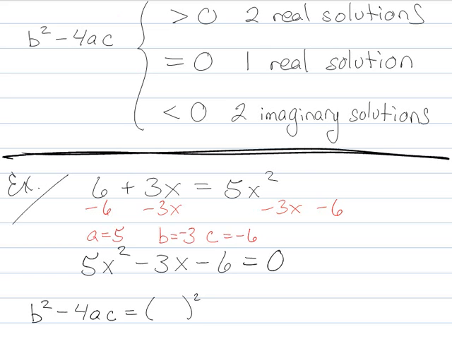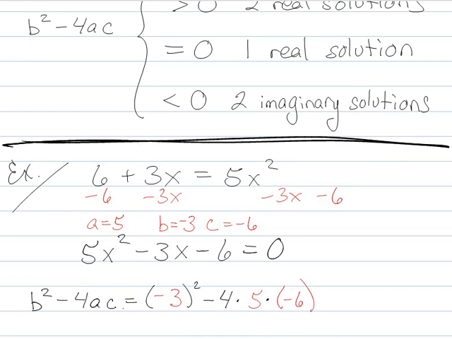So I have negative 3 squared minus 4 times a times c. So I have 9 plus, whatever that is, 20 times 6 is 120. So 129.